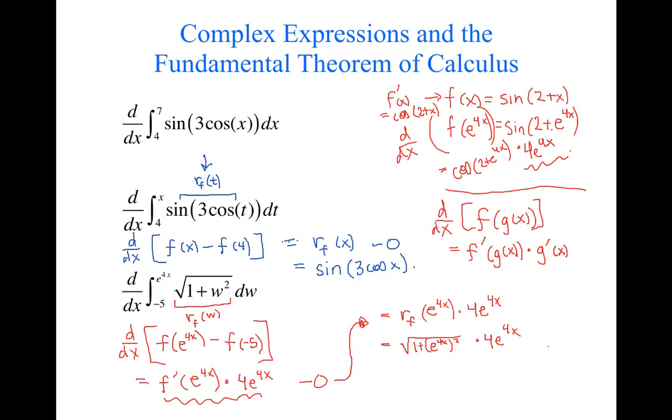But the rate of change of a net accumulation function should be the same for any of them. It's all the same rate, which is this. This actually involves making a composition of functions because of this endpoint not just being a value of our independent variable, but a function of our independent variable.